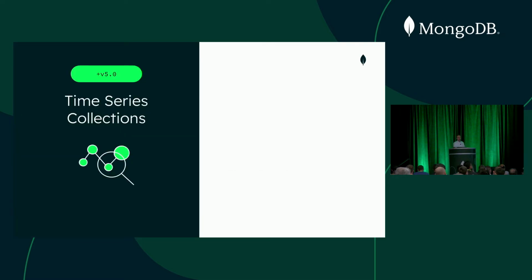Time series collections were introduced with MongoDB 5.0, and it's a specific collection type. So there is a regular collection, and there is a time series collection. The main feature of a time series collection is that it automatically organizes time-based data. If you have events coming every few seconds or few minutes, time bounded, then a time series collection provides great storage and great performance.